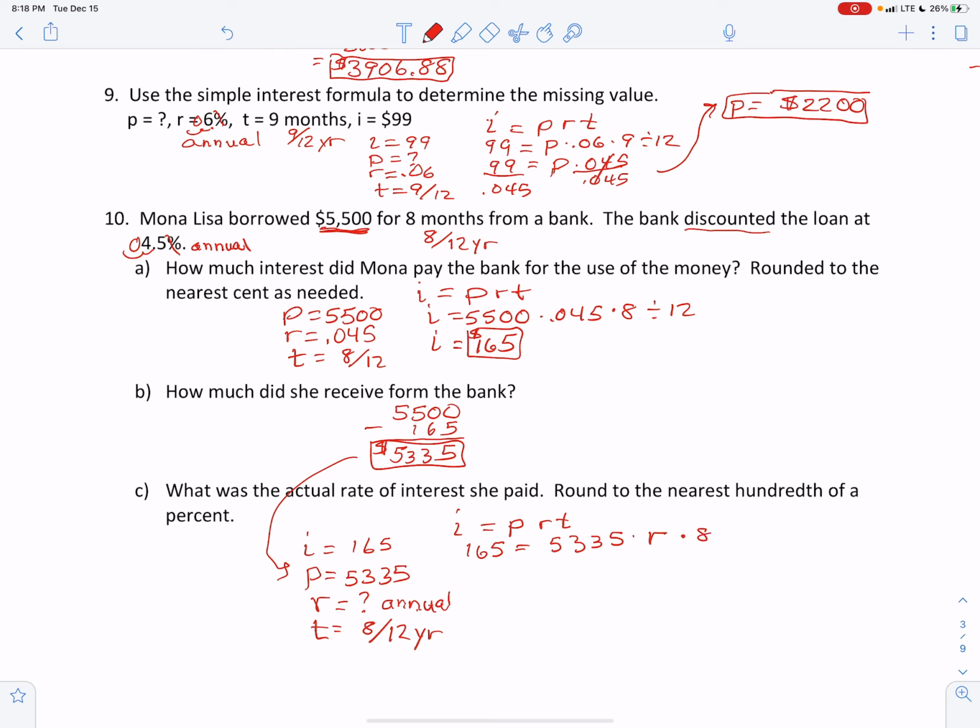T is 8 divided by 12. So I have 165 equals, now I'll multiply this all out, and I get 3,556.3667R. Then to get that R, I'll divide.